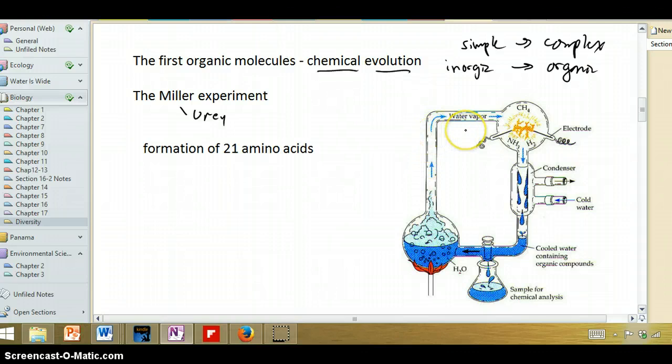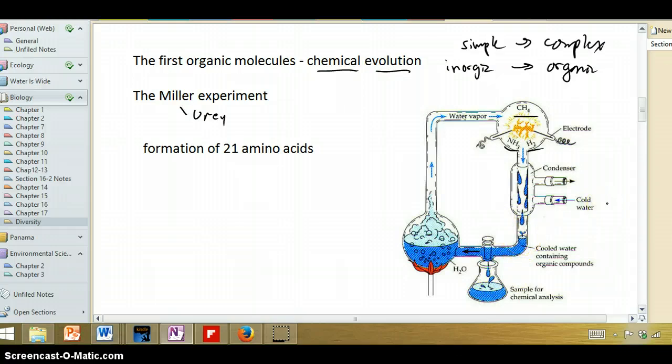They added some of the compounds that they thought may have been present then. Here you can see methane, ammonia, and hydrogen gas combined with water vapor at a high temperature. They provided an electric shock to the system, and then they recondensed the vapor. They basically reliquefied it, and they collected this liquid.